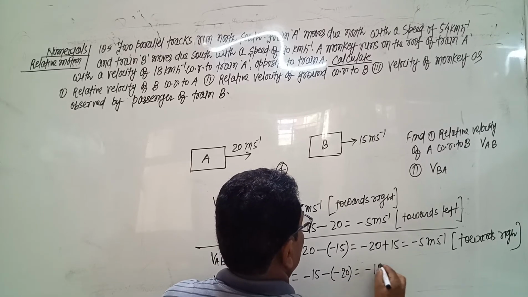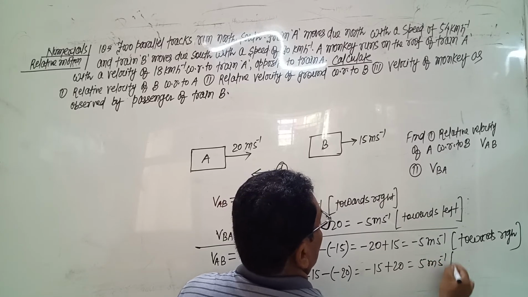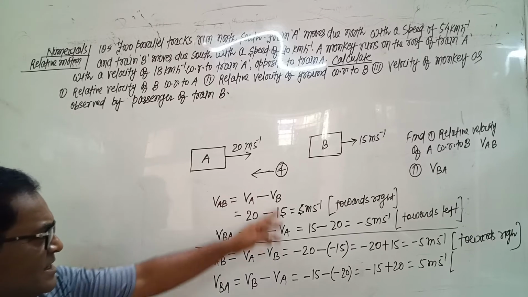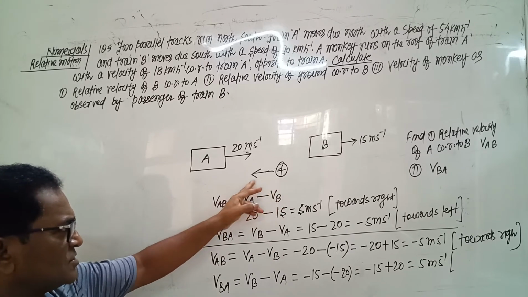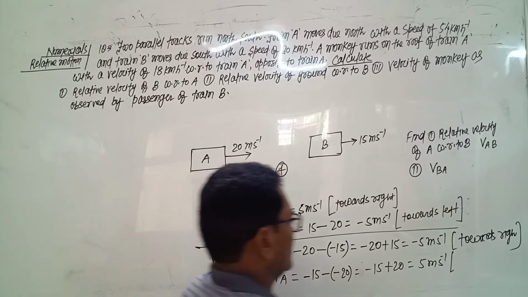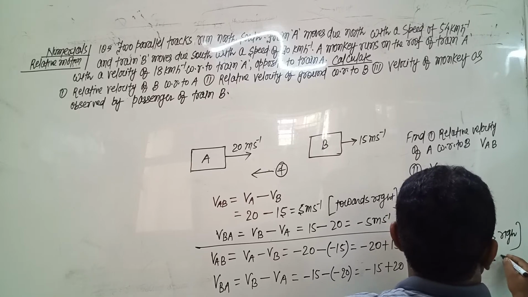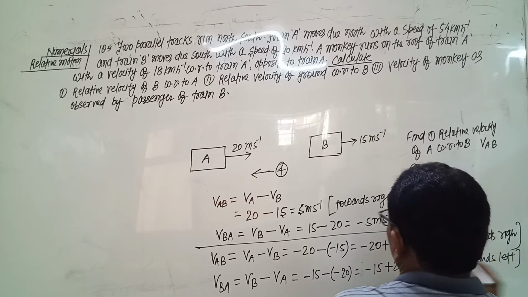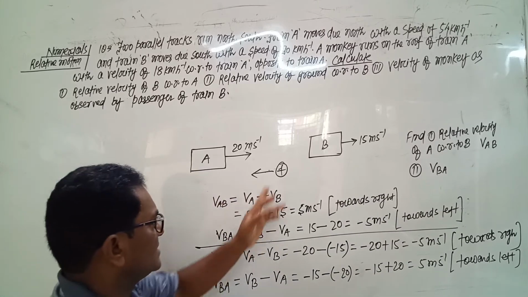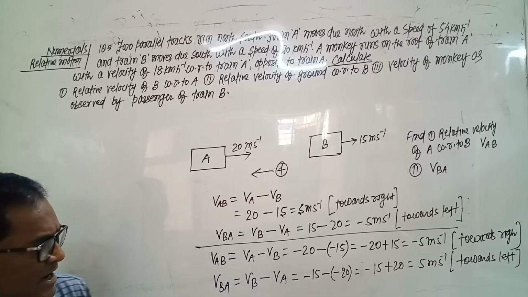It gives minus 15 plus 20, which is 5 meter per second, and the positive 5 meter per second shows that the direction is towards the assumed direction, meaning towards left. So, solving such problems, we can assume any direction, either towards right or towards left.